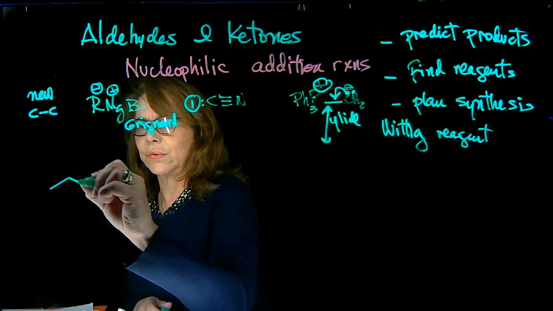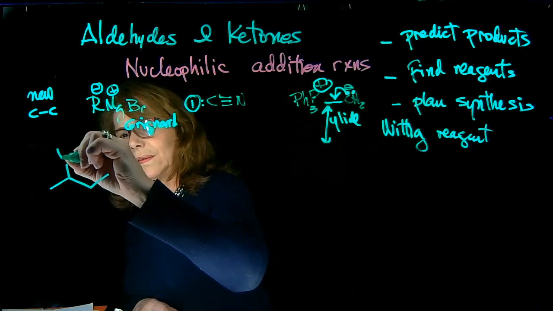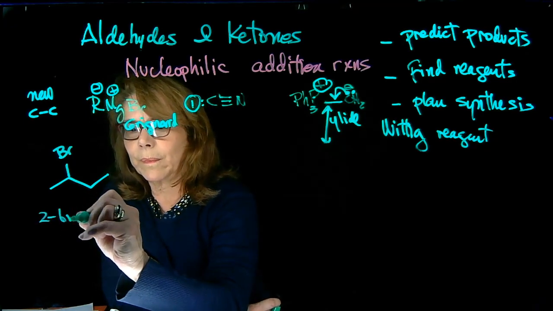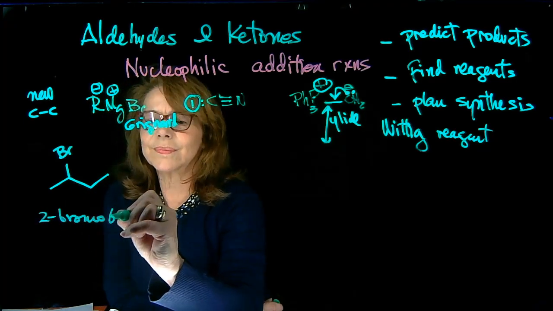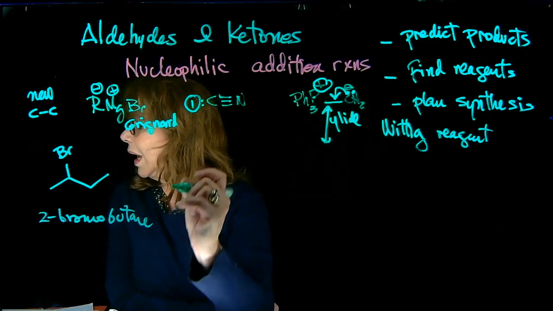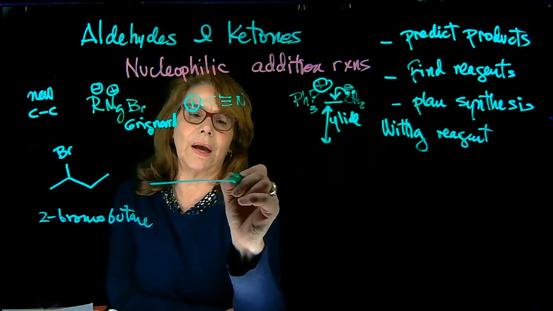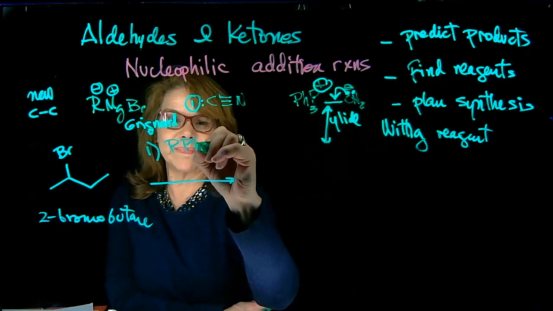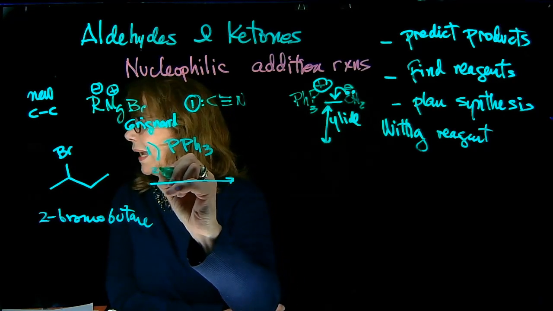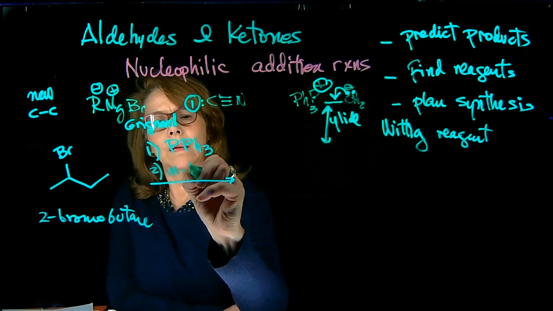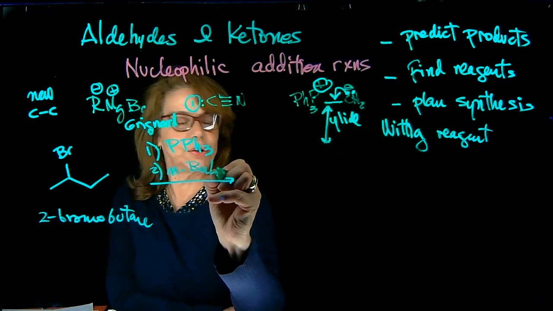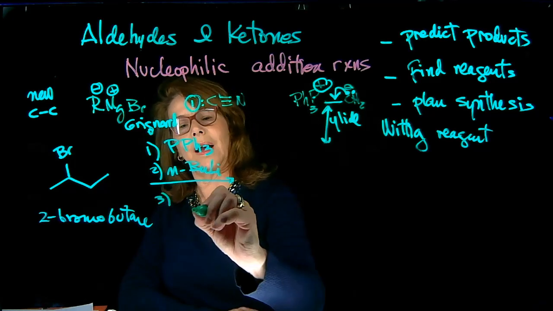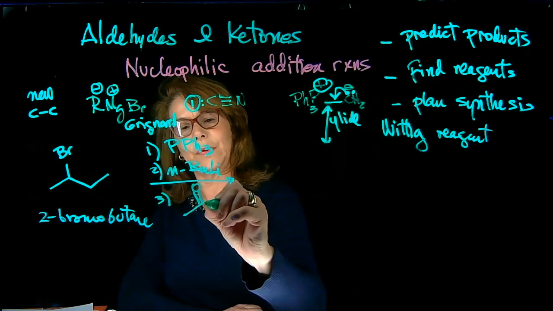Say this is 2-bromobutane, and I make it react with first triphenylphosphine, second butyl lithium, and third, this time I'm going to use an unsymmetrical ketone.